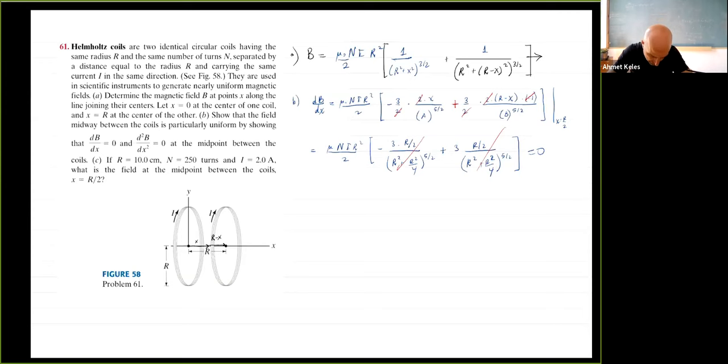Let's do this. d²B/dx² is equal to mu 0 n I r squared divided by 2 times: minus, plus 5 over 2 times 3 times x times 2x, divided by (r squared plus x squared) to the power of 7 over 2, and plus 3. Okay, I need to take the derivative of this guy.